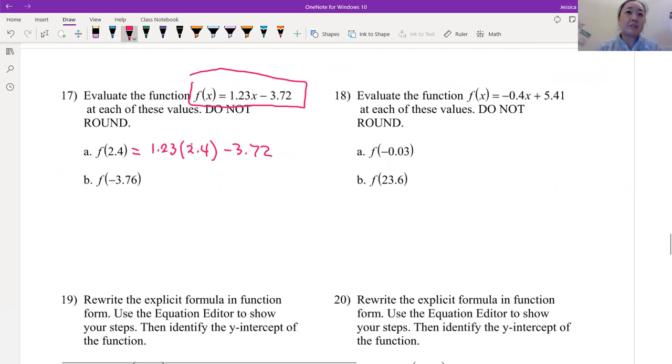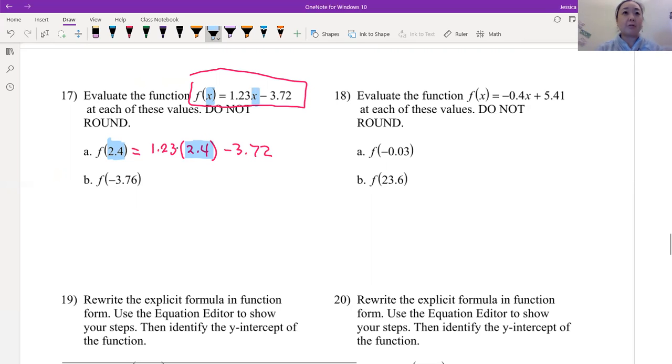Okay, so you notice everything else is the same except here. So anywhere you see this x, do you see this 2.4? That's where that's going to be. So we're not saying f times 2.4. This is just the function of 2.4. So when x is equal to 2.4, what is y equal to? Well, you're like, I got to make some calculations.